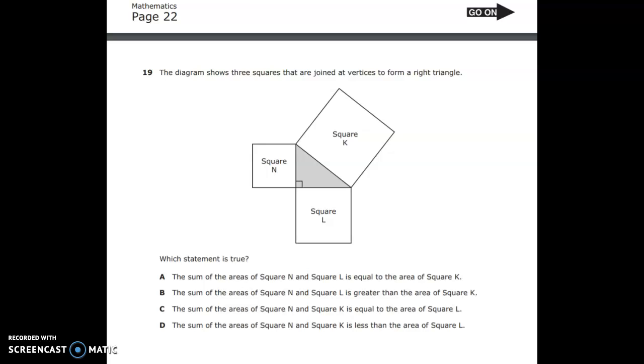A. The sum of the areas of square N and square L is equal to the area of square K. B. The sum of the areas of square N and square L is greater than the area of square K. C. The sum of the areas of square N and square K is equal to the area of square L. D. The sum of the areas of square N and square K is less than the area of square L.